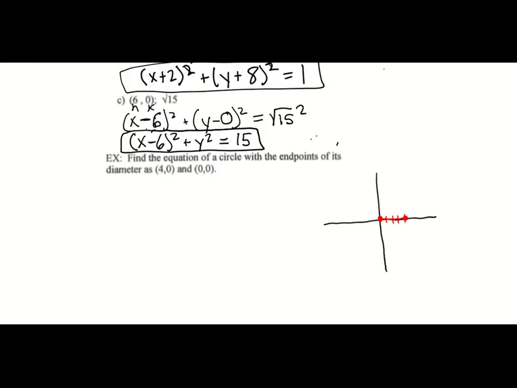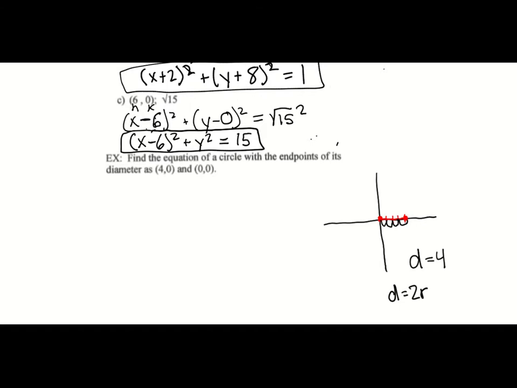From this, we can figure out what that diameter is equal to. So if we count, we have 1, 2, 3, 4. That diameter is 4. That means our radius, remember our diameter is always equal to 2 times our radius.